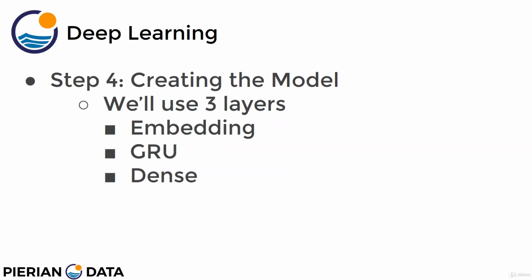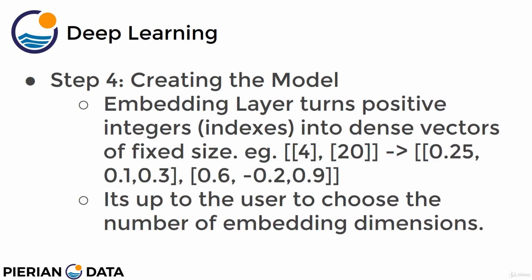Step number 4 will be actually creating the model, and we'll be using 3 main layers for our example model in this lecture series, and that is an embedding layer, a gated recurrent unit layer, and then a final dense layer. So the embedding layer essentially embeds positive integers or indices into dense vectors of a fixed size.